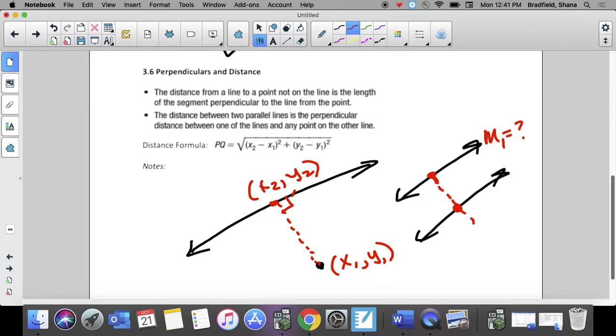Then I've got 2 points, x1, y1, and x2, y2, that I can again use the distance formula to find out the distance between those two parallel lines. You definitely want to be able to use the distance formula.